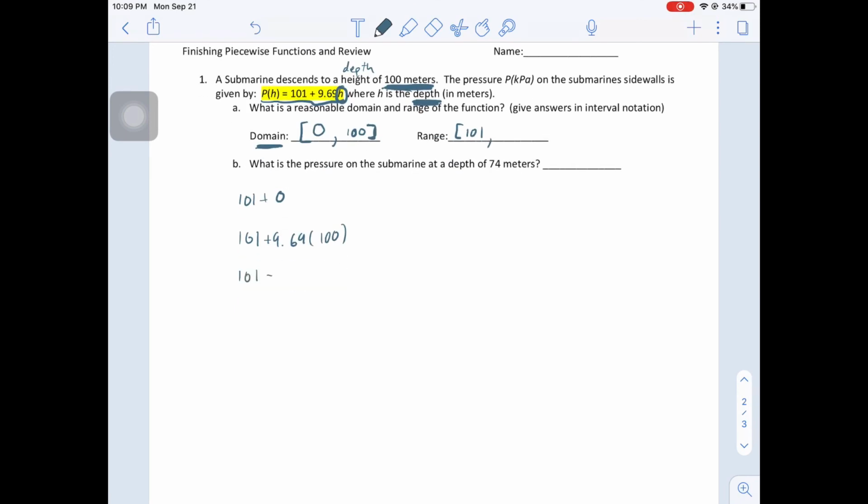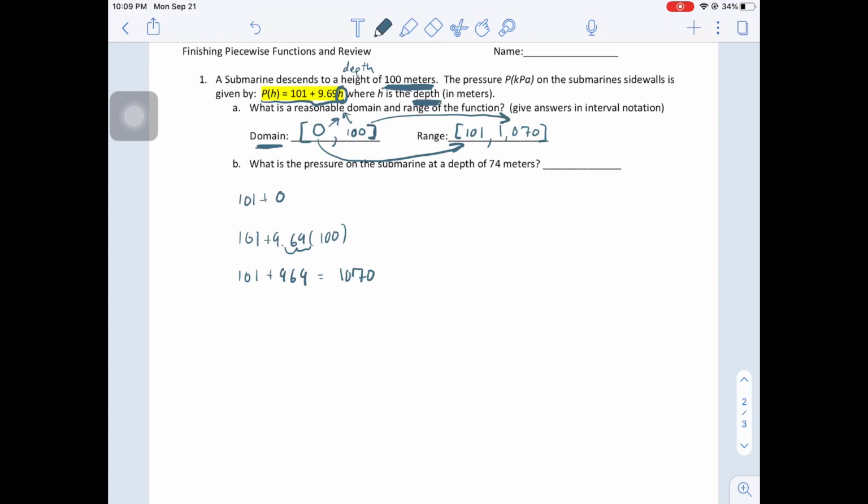That's going to be 101 plus 2 decimal spots, so 969. So that equals 1,070. So then our highest in the range is going to be 1,070. Okay, so literally to find the range, we plugged in lower bound, plugged in upper bound, and then that popped out lower bound and upper bound.